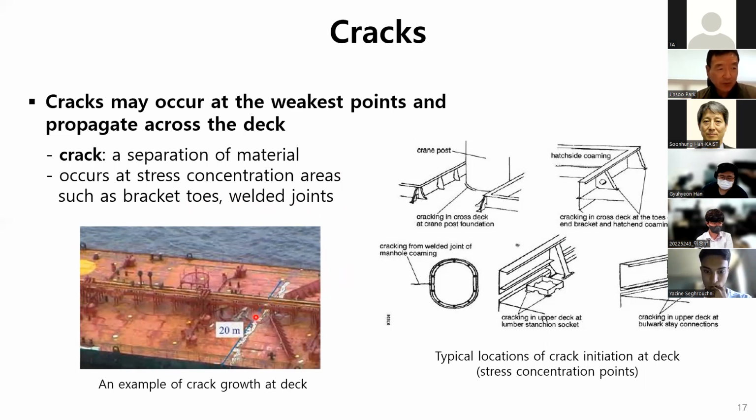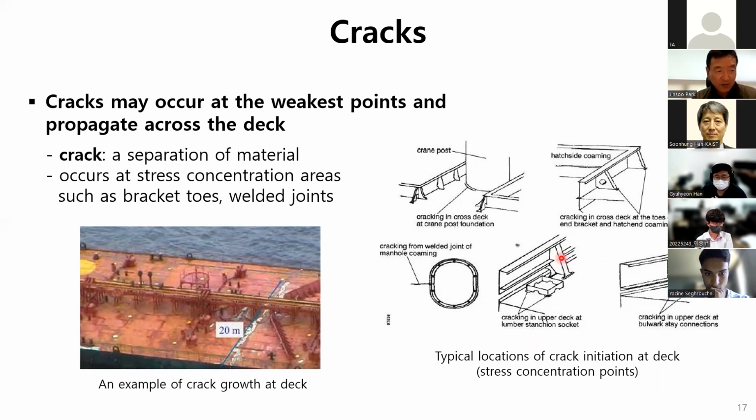Once a crack happens, generally it keeps growing into a long size because the ship keeps undergoing continuous cyclic wave loading. In this photo, you can see an example of crack growth at the deck as long as about 20 meters, almost across the upper deck.